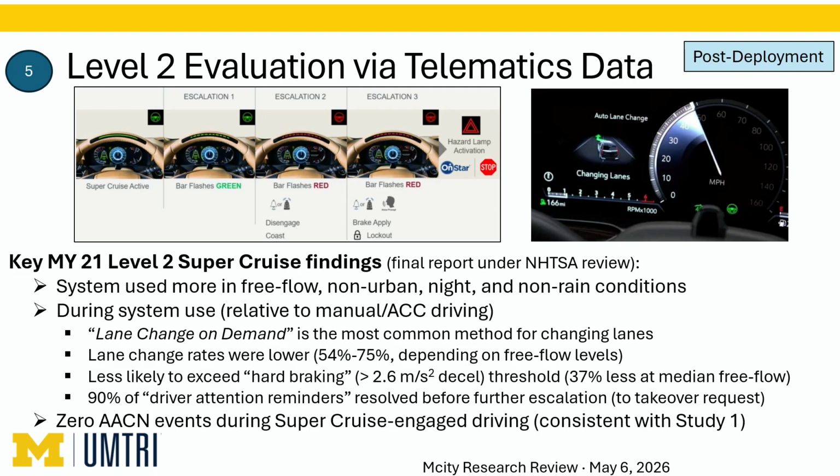So what you get is a natural reduction in risk just from the conditions they're driving in. If the study you're looking at is not accounting for that, is not matching conditions, then it's bundling in a reduced risk that people create, so it looks like the system is doing better than it may in fact be.